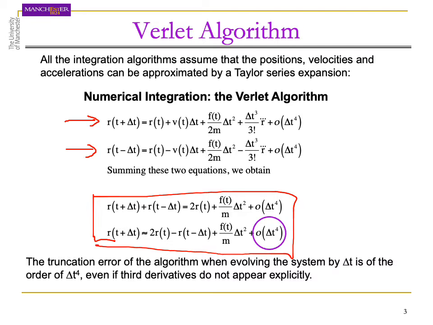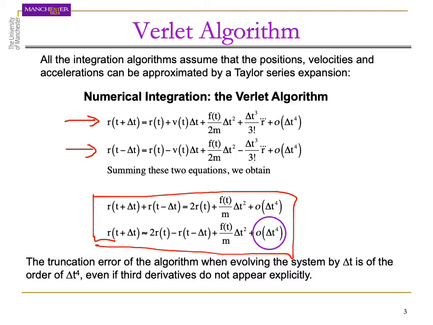Now the position of the atom at time t plus delta t becomes our new present, and we can calculate again, knowing the position in the past and the present, the position of the atom in another step in the future. By doing this thousands, hundreds of thousands, or millions of times, we can obtain a full trajectory followed by the atoms in our system.